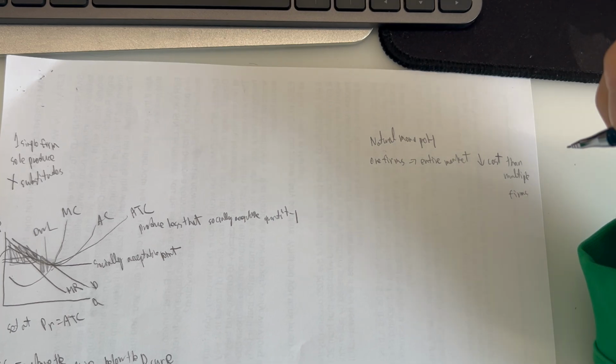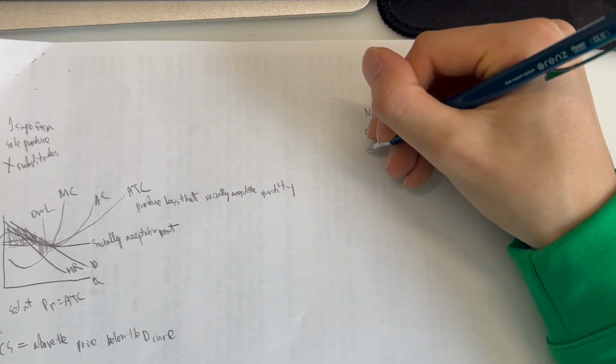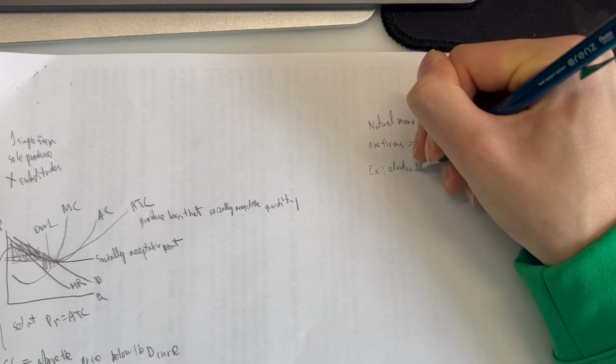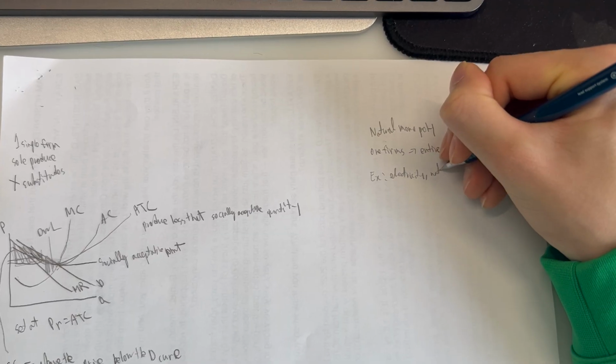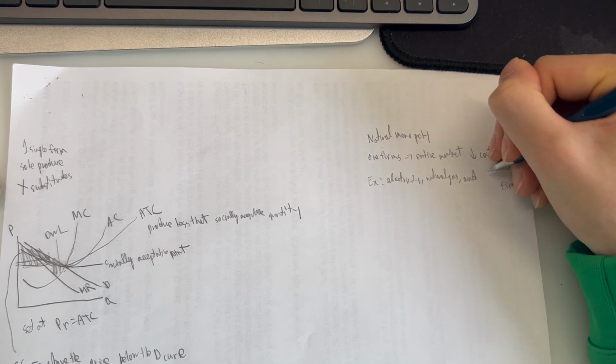It's due to high fixed costs and economies of scale. And some examples of these are electricity, natural gas, and I guess water supplies.